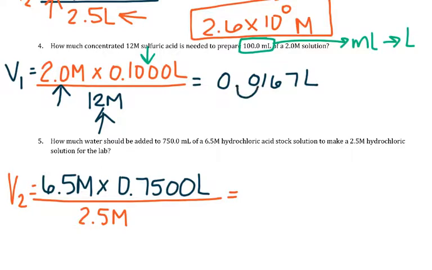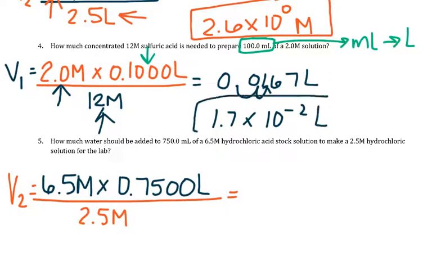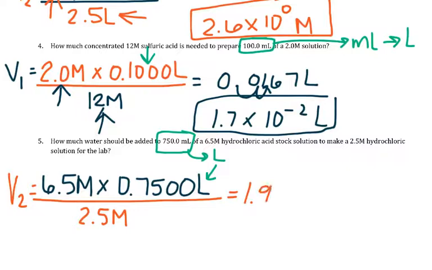So you'll also need to move the decimal back twice. So 1.7 times 10 to the negative 2 liters. On number 5, same thing. If you notice, you're given milliliters, so you're going to have to convert that into liters, which is how I got here. So now just do the math and you should get 1.95 liters.